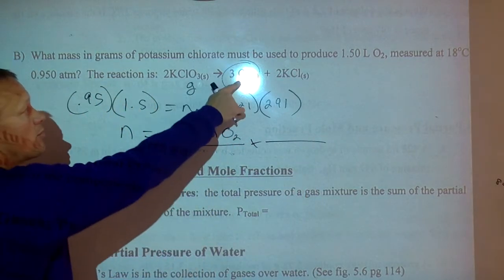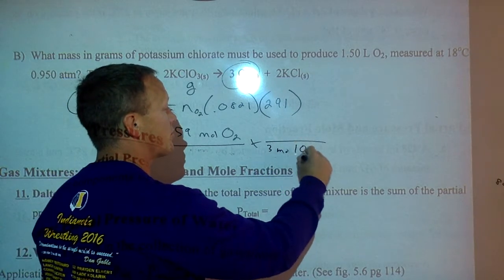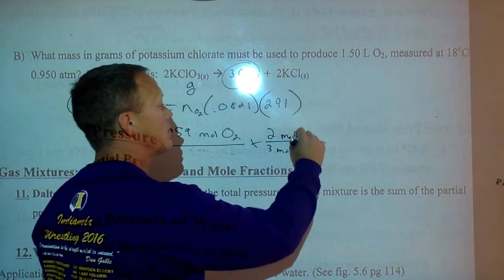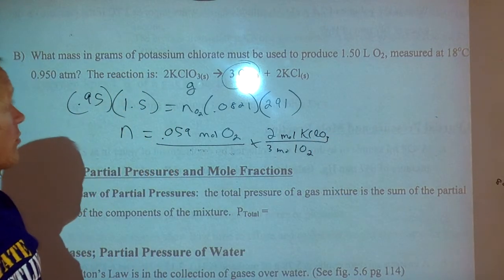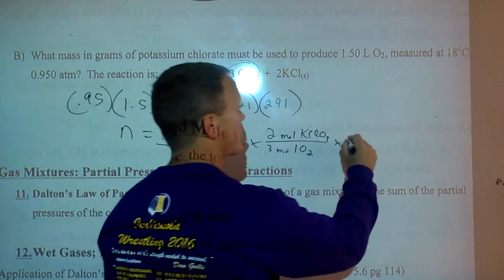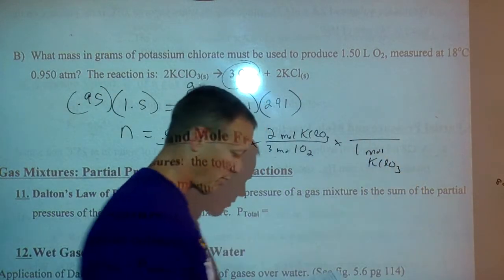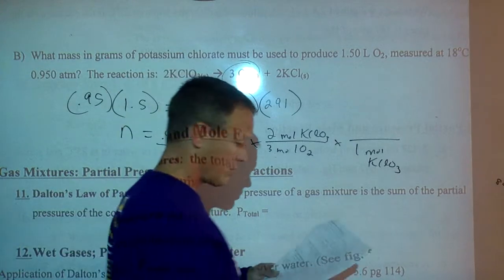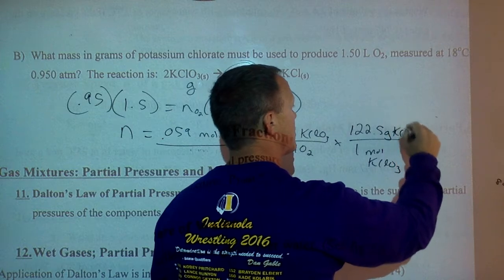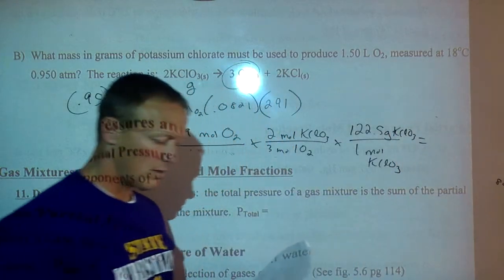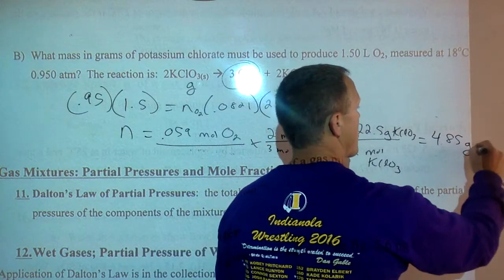Do a ratio, 3 moles of O2 to 2 moles of KClO3. If 1 mole of KClO3 is 122 grams, I got 4.85 grams.